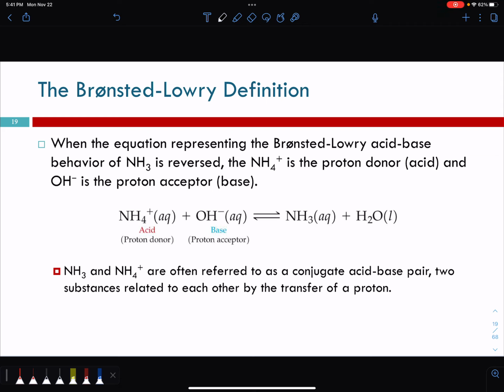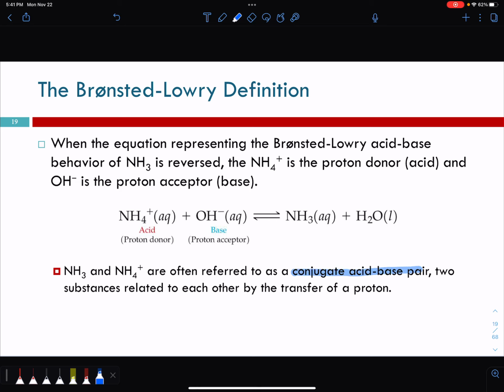So when the equation representing the Bronsted-Lowry acid-base behavior of ammonia is reversed, so now we're going to flip that reaction and look at it backwards, NH4 plus is now a proton donor. So that's an acid. And OH minus is the proton acceptor, so that's a base. And this is what's called, it should be highlighted, a conjugate acid-base pair.